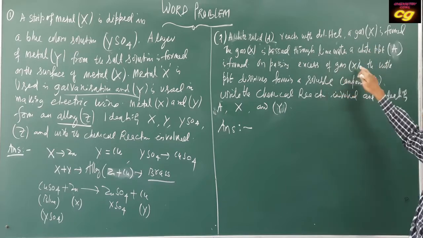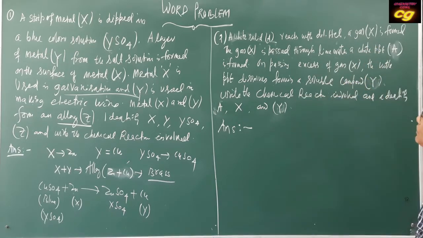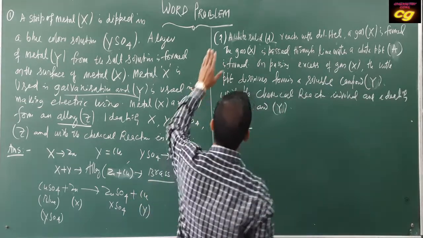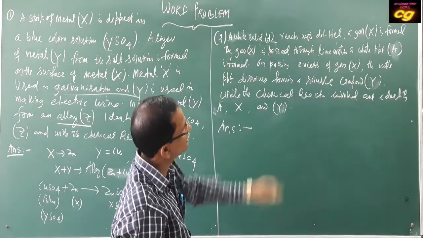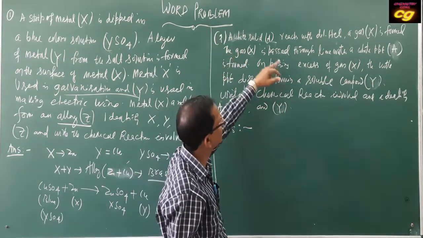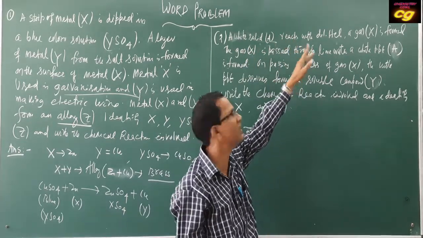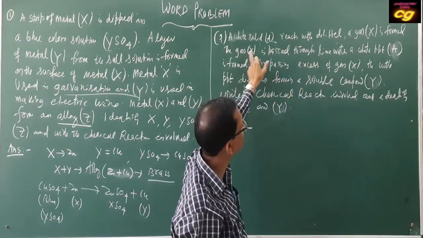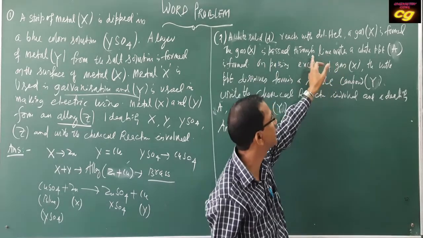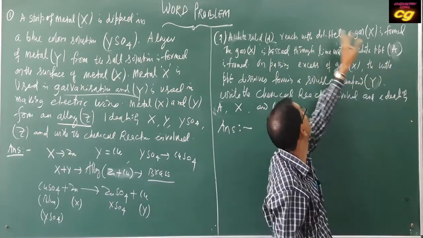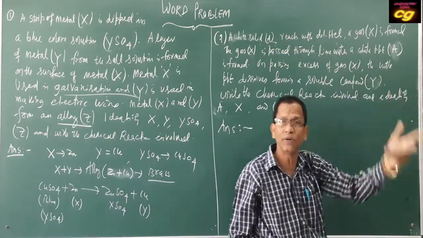So passing excess gas, the white precipitate dissolved forming soluble compound Y. So it is clear, a white solid A reacts with dilute HCl forming X. We know carbonate reacts with dilute HCl forming carbon dioxide gas. That carbon dioxide gas when passed through lime water, calcium hydroxide, forms a white precipitate, the same A. That is calcium carbonate.